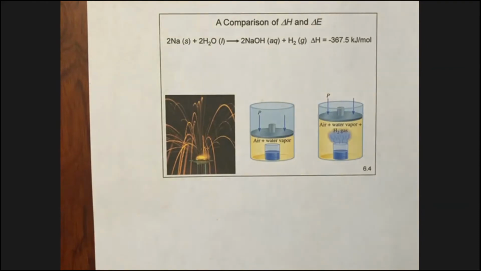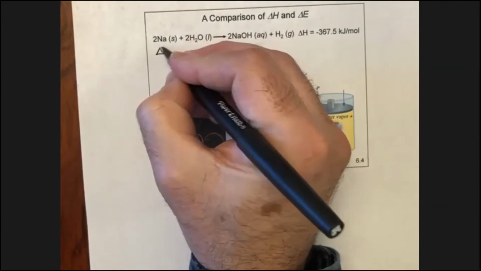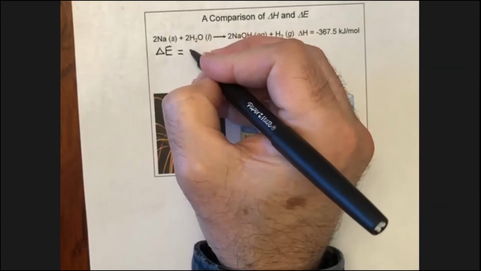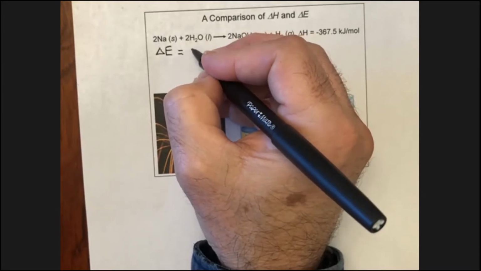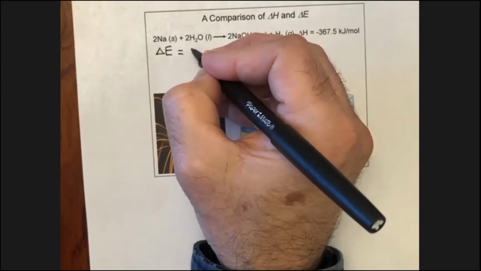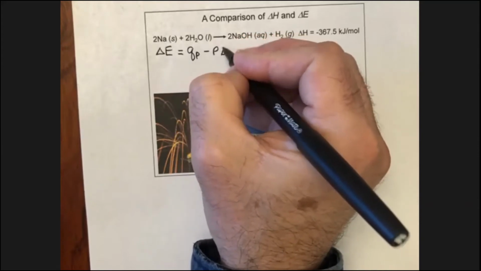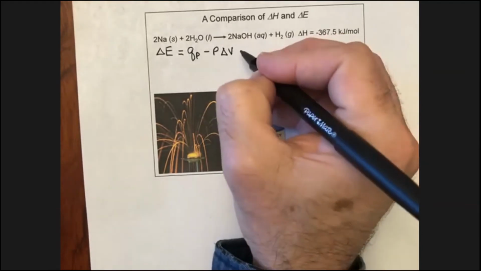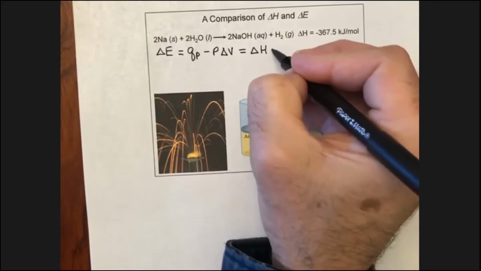All right, so let's consider what we just talked about. Let's say delta E equals Q minus P delta V. And we said that in a reaction at constant pressure, the heat is actually this function called the enthalpy.